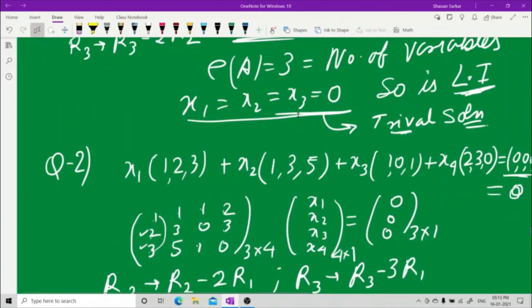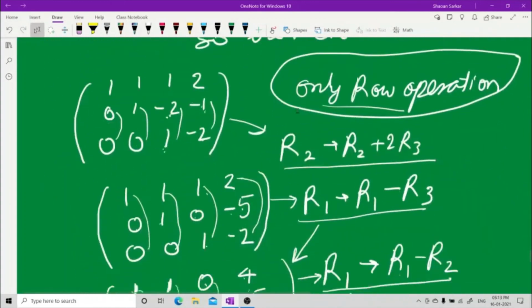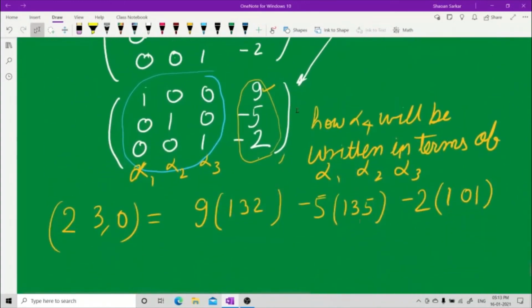It is 1, 2, 3 and 1, 3, 5. Now these are all commas. Now you will see that this expression is absolutely correct.